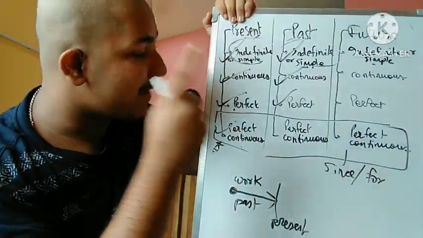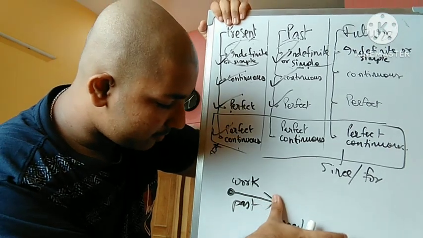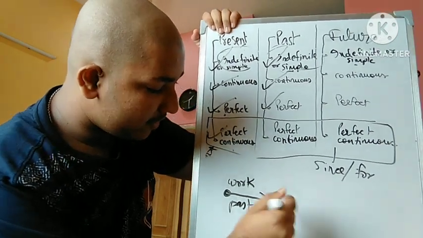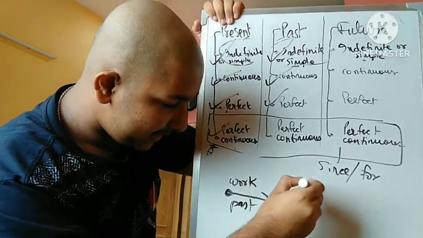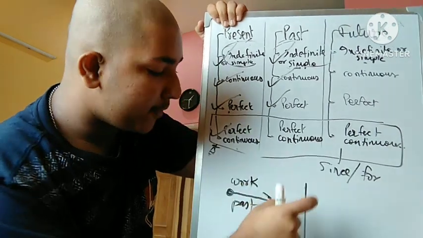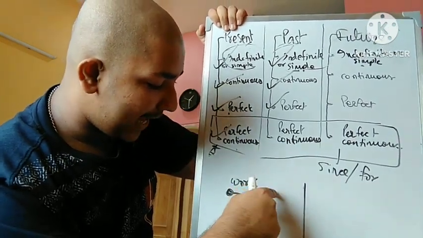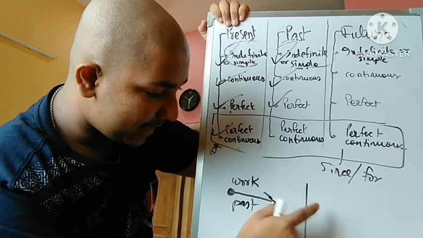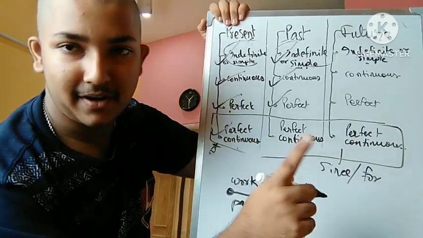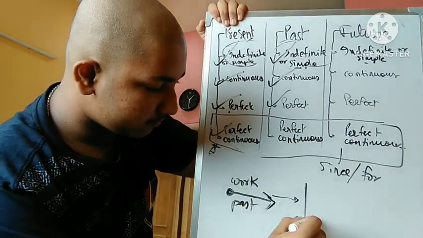But in the case of past perfect continuous, my present line will not be here. My present line will be somewhere here, which means the gap between when I was doing that and my present time is very large. Okay, this is my present time.